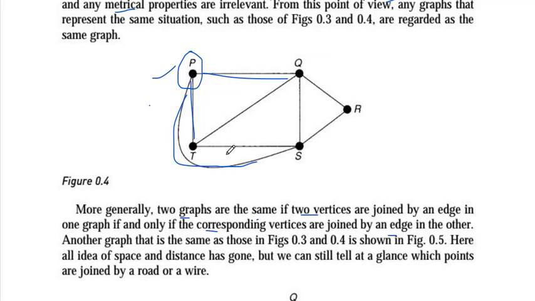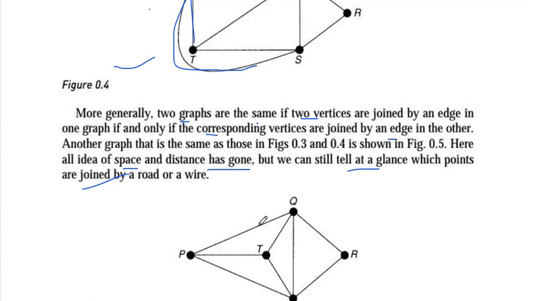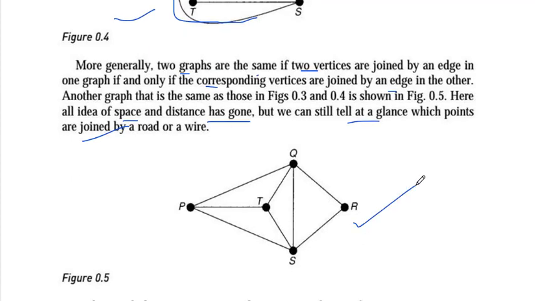So in this figure all idea of space and distance has gone, but we can still tell at a glance which points are joined by a rod or wire. Here they have also given another graph.